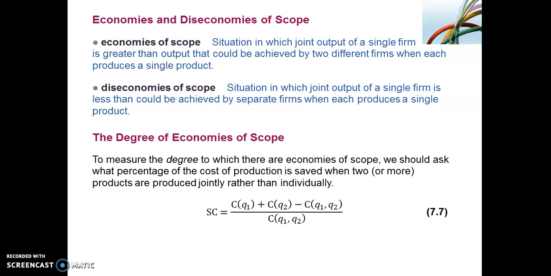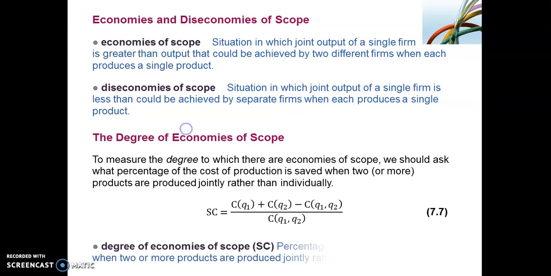To measure the degree of economies of scope, we need to ask what percentage of the cost of production is saved when two products are produced jointly rather than separately. So here we have our formula to calculate your degree of economies of scope. This represents the cost of producing output Q1, so just producing one output.